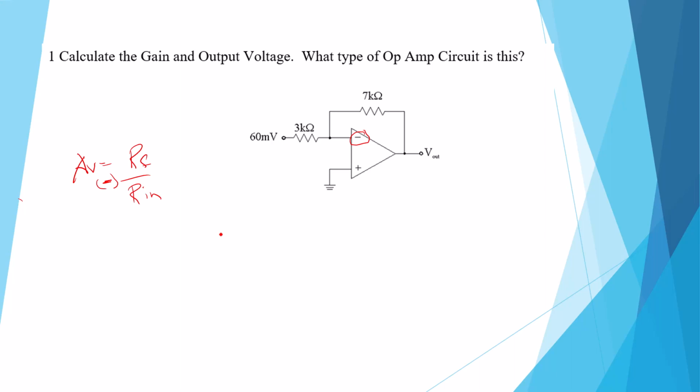So 7 divided by 3 equals 2.33. So our output voltage equals our input voltage times our gain. And we're always going to have a minus voltage because it's inverting. So let's multiply that times our input voltage, 60 EE minus 3.